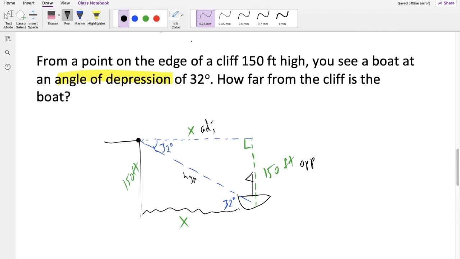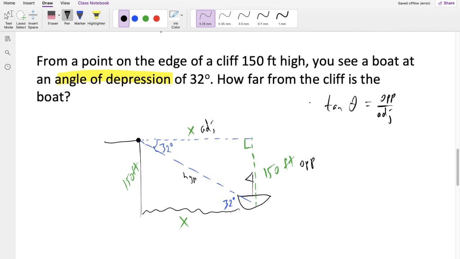So I have an angle, I am looking for the adjacent side, and I know the opposite. So I'm going to think of the trig ratios that use the words that I know and am looking for. I know opposite and I'm looking for adjacent, so I'm going to use tangent, because the tangent of an angle equals the opposite over the adjacent.